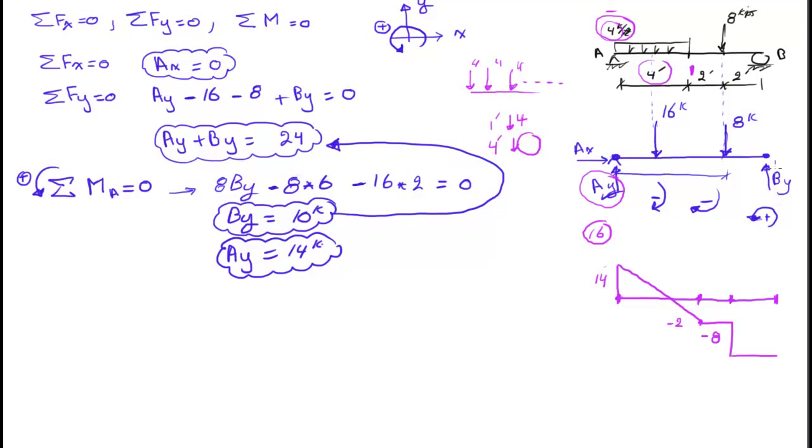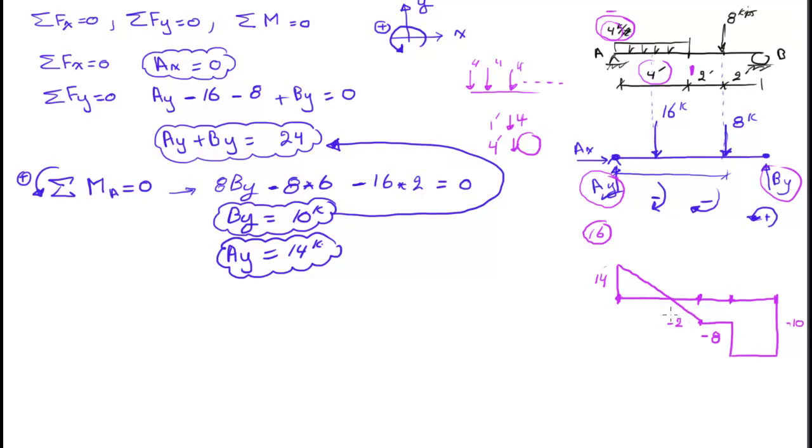It's right here, this force, which has a value of 10. So I end up at 0. So I start with a 0, I go up 14, descend to this point, nothing happens here. I go down straight, -8, nothing happens here. Then I go up with a 10 value. So I start with a 0 and I end up with a 0.